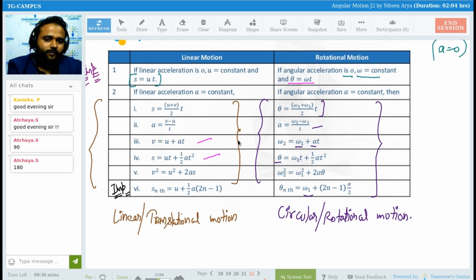Is this clear? This table itself is going to give you clarity for lots of numericals, lots of hard, complex questions. Okay, the last 2-3 equations are going to be very useful. Clear, everyone?